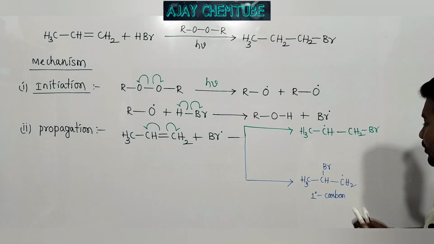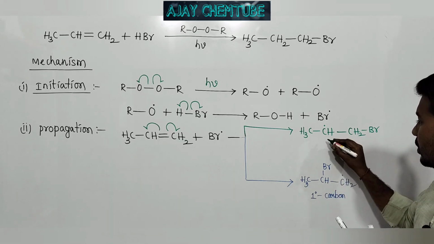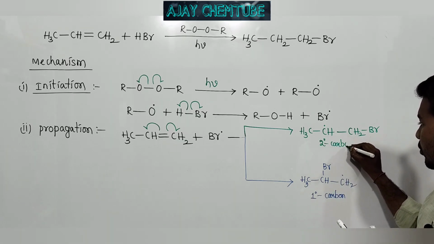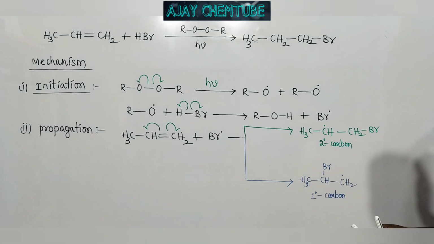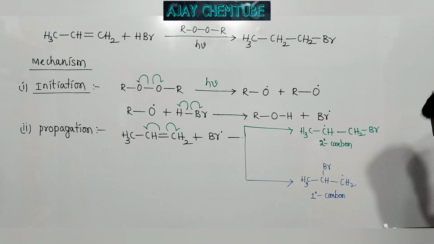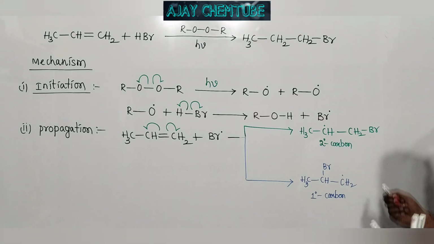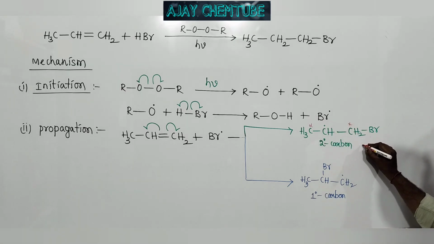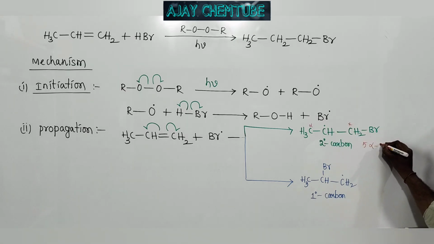Secondary is more stable, because how many alpha hydrogens are here? This is alpha carbon, this is alpha carbon. How many? 5 alpha hydrogens. 5 alpha hydrogens, more hyperconjugation, more stable.